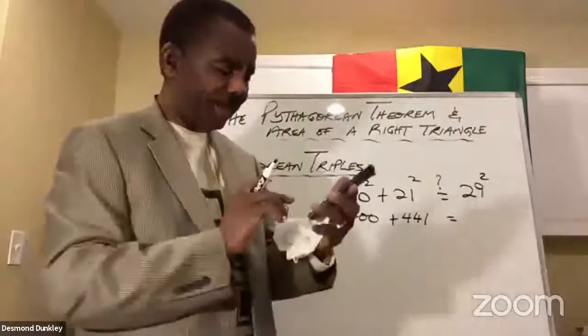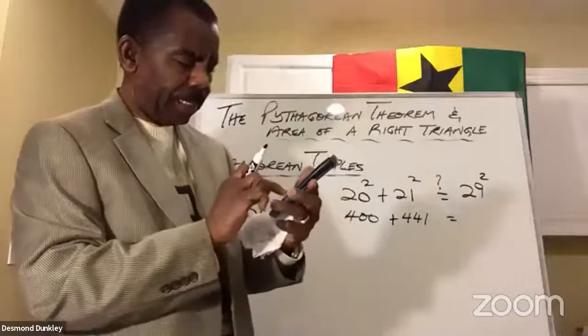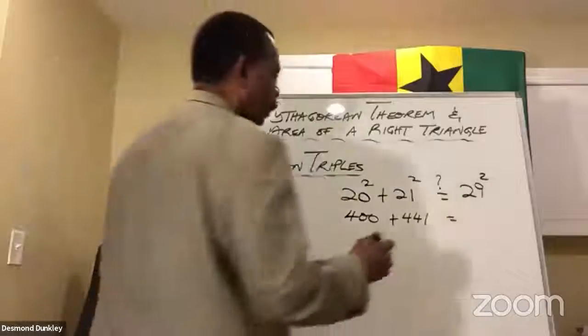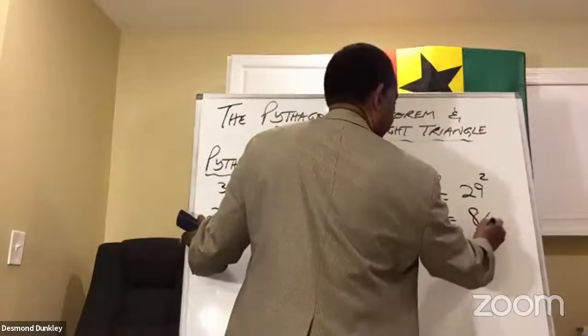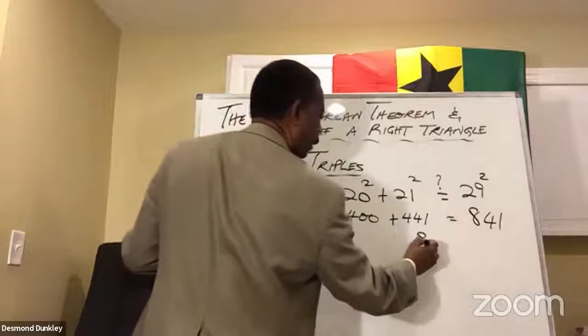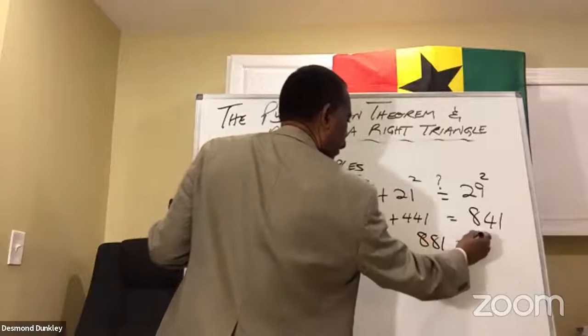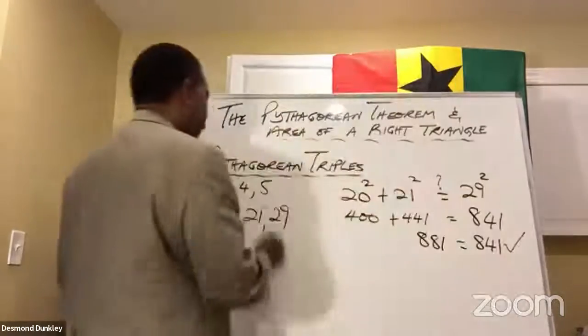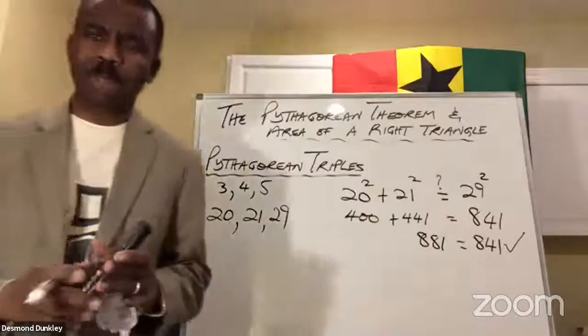You can use your calculator. 29 times 29 equals 841. What is 400 plus 441? So therefore it checks out. So yes, that's a triple.